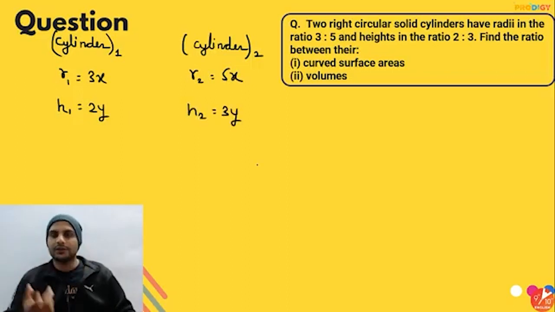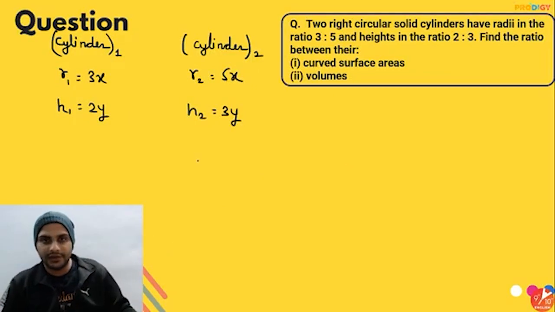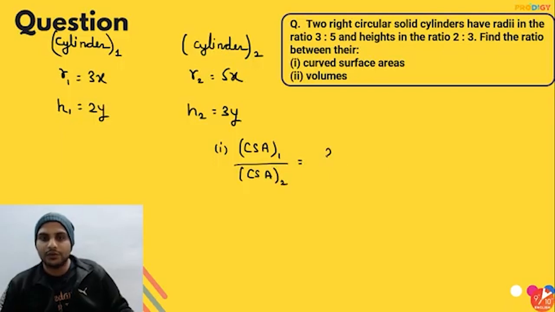So now we have to find out the ratio between their curved surface area. So first thing, let's find out the ratio of the curved surface area. So curved surface area of the first cylinder divided by curved surface area of the second cylinder will be equal to 2 pi into r1 into h1 divided by 2 pi into r2 into h2.